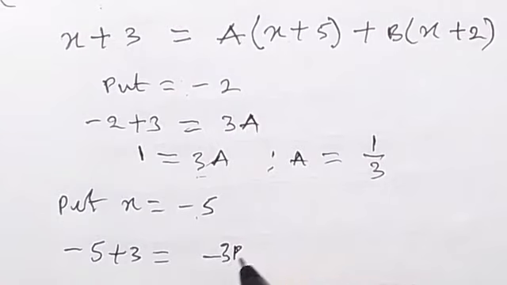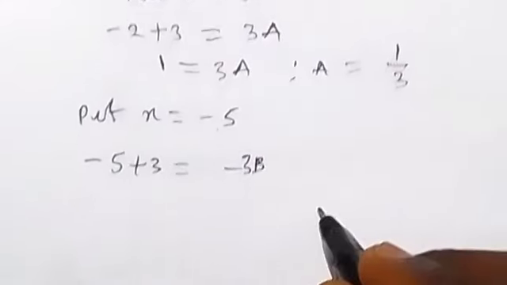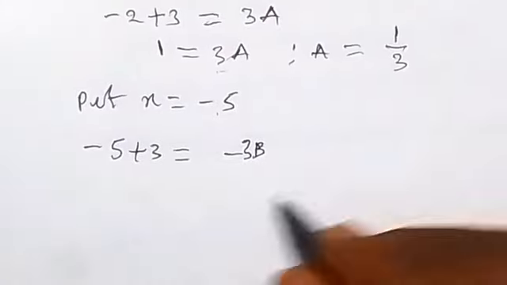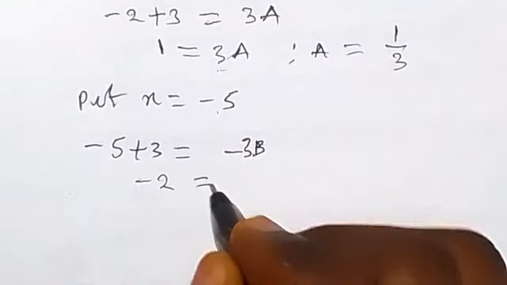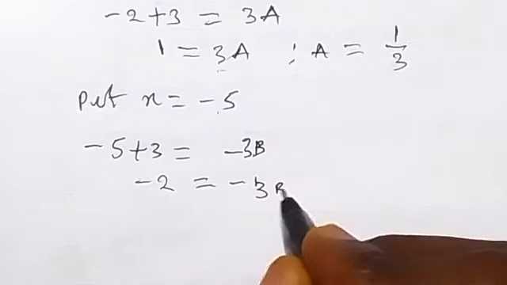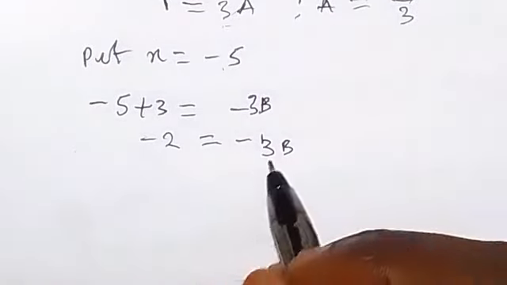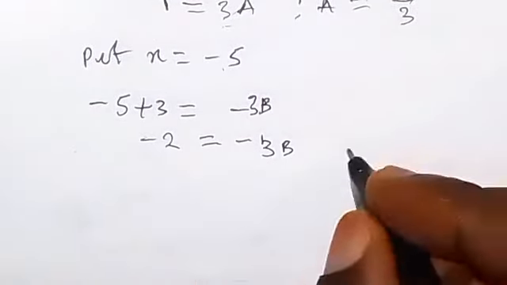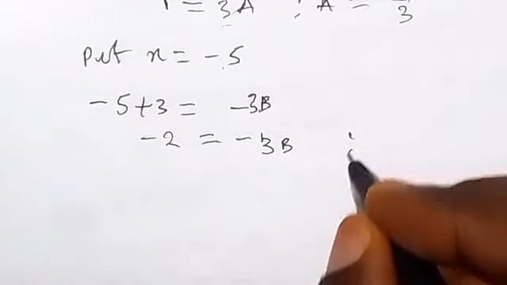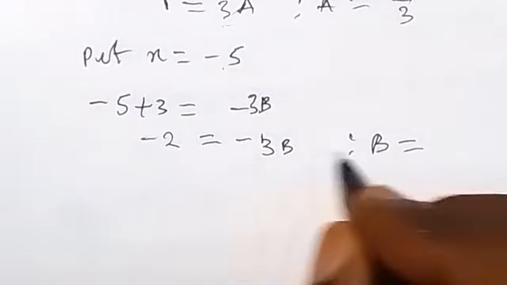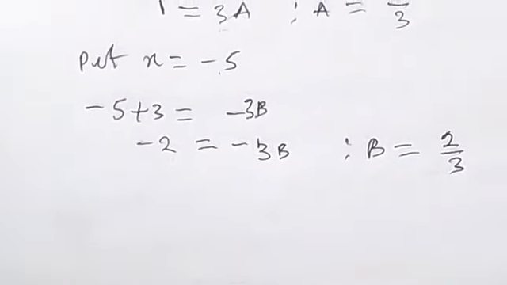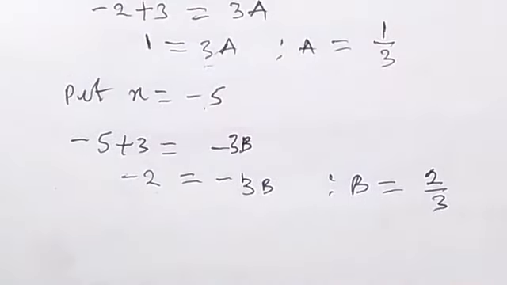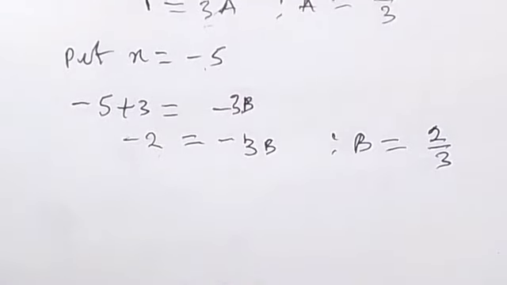And from there, minus 5 plus 3 is minus 2, equals minus 3b. Then divide both sides by minus 3. Of course, b will be equal to minus 2 divided by minus 3, which is 2 over 3. So we've got a to be 1 over 3 and b to be 2 over 3.